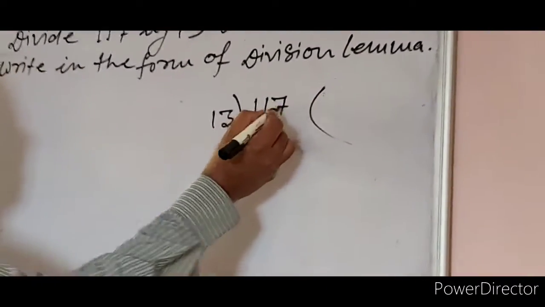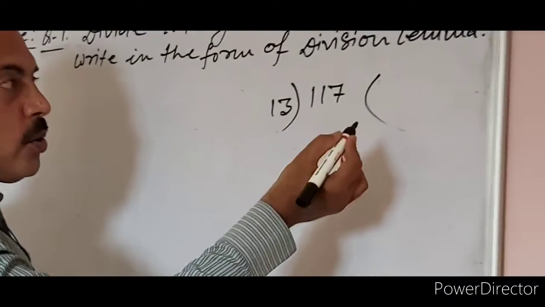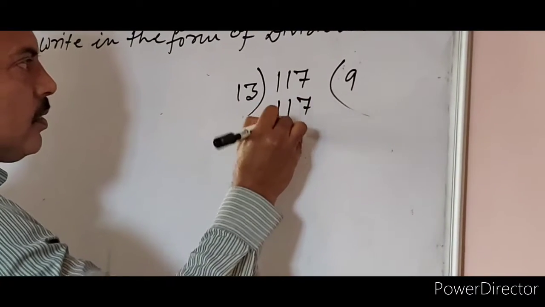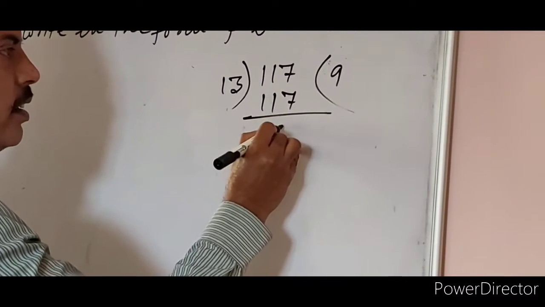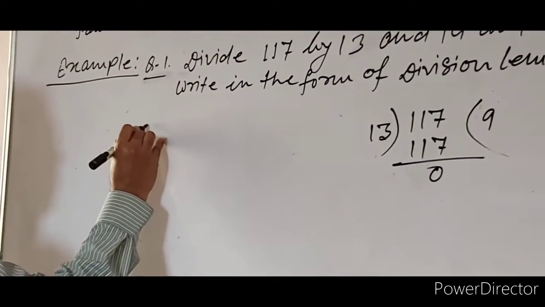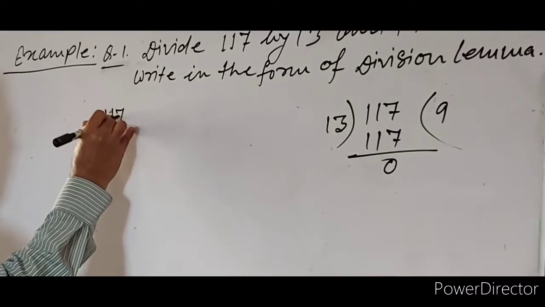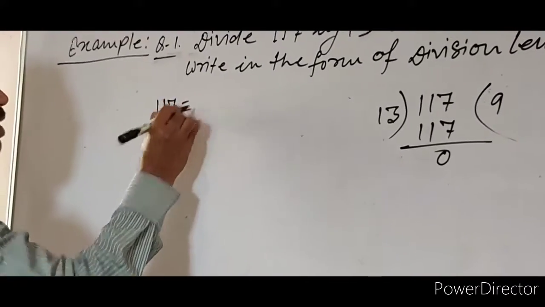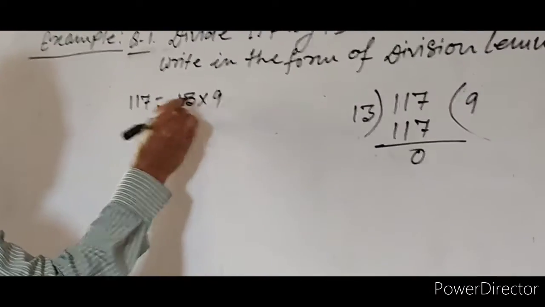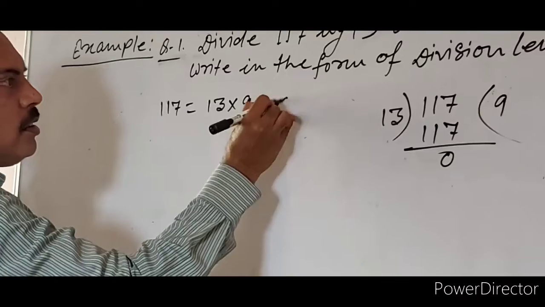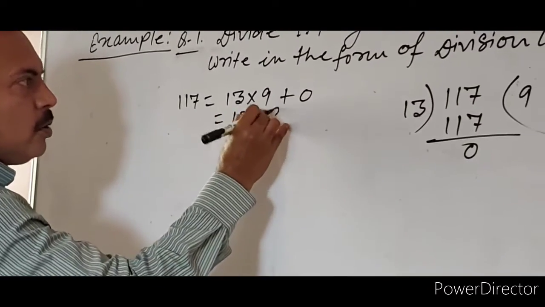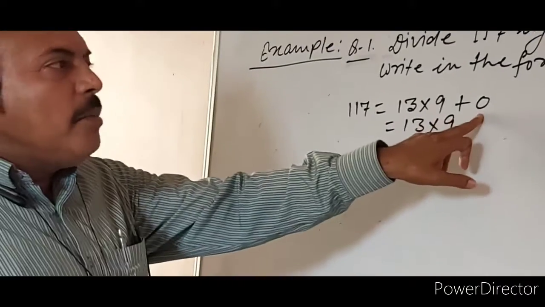On dividing 117 by 13, we get the quotient 9. So we get here remainder as 0. So we can write it as 117 equal to 13 into 9, divisor into quotient, plus 0. Here we see that remainder is 0.